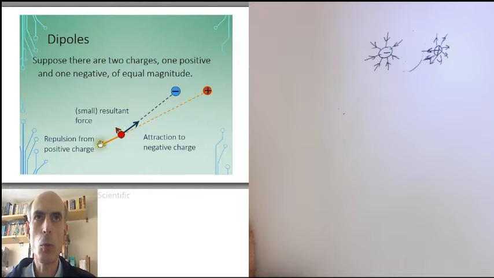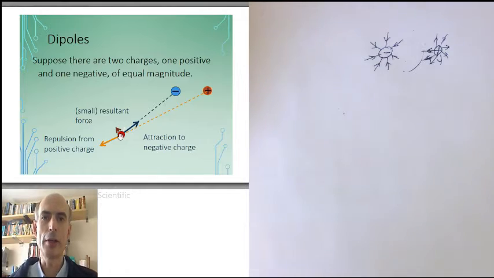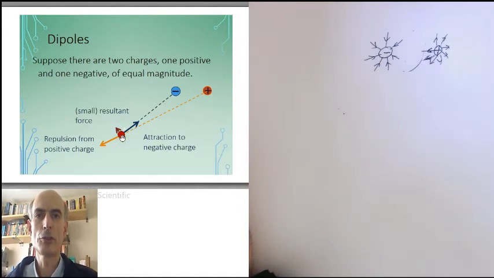Now they're not quite parallel, which means that there is a small resultant force in this direction here. Now, the flux lines have a direction which is the direction of the force on a unit charge.